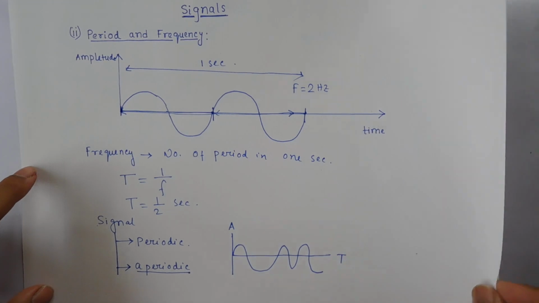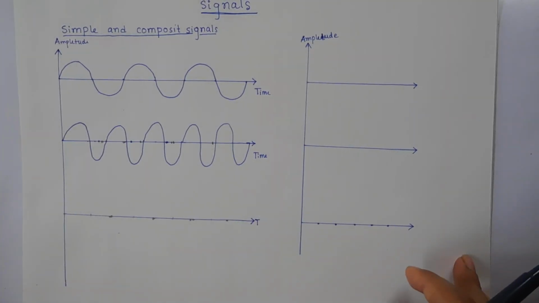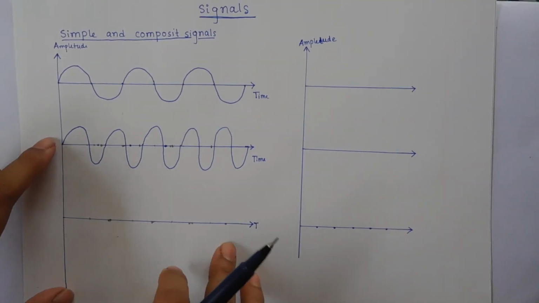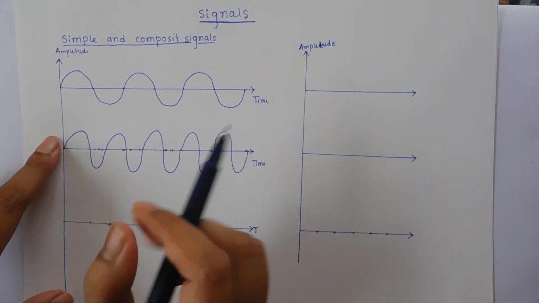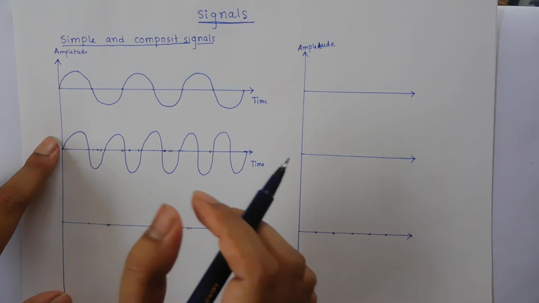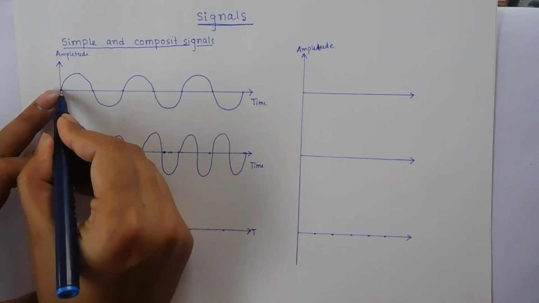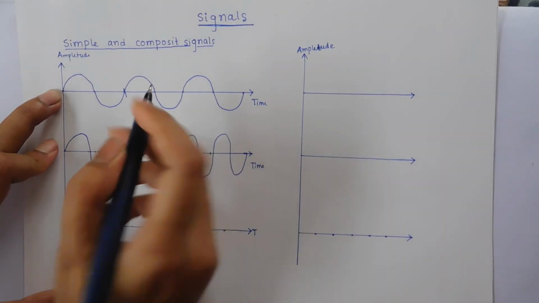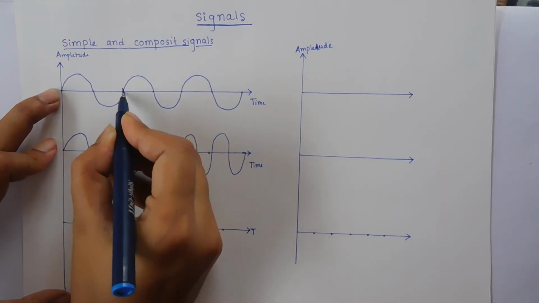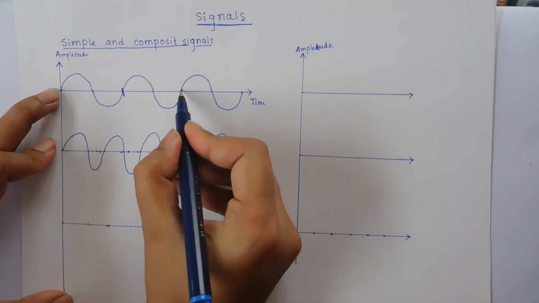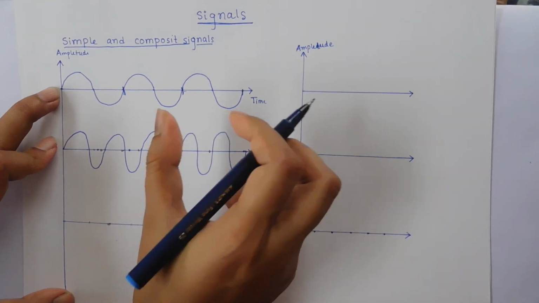Okay. Now take an example. Here we saw a signal. Now we can find the frequency of it. This is one cycle, or one full cycle, or a period. So one, this is 2, and this is 3 periods.